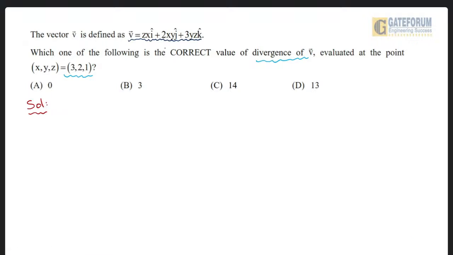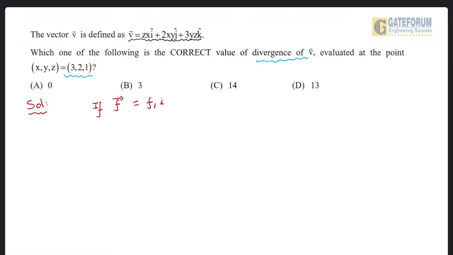Generally comparing ijk coefficients by f1, f2, f3, if the vector is f bar is equal to f1 i bar plus f2 j bar plus f3 k bar, that is the representation generally.